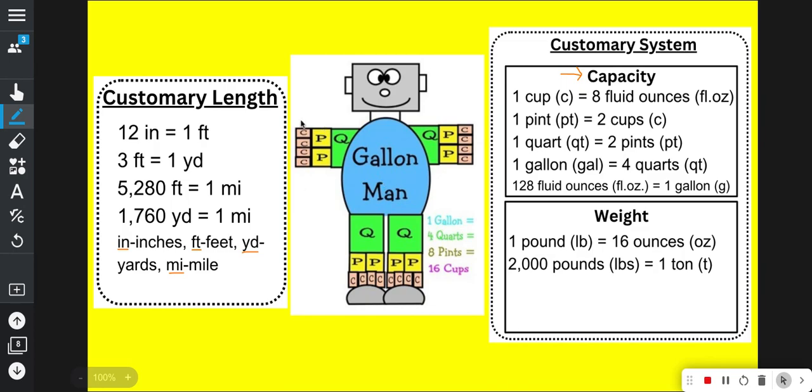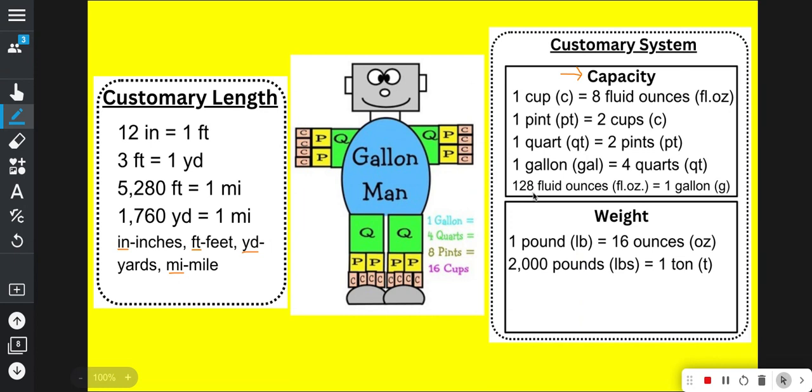The last one is cups, and those are like your fingers minus your thumbs. And you have 4 of those, 2 per pint, but 4 fingers and toes, that would equal 16 cups to a gallon. So that can be some of those measurements.